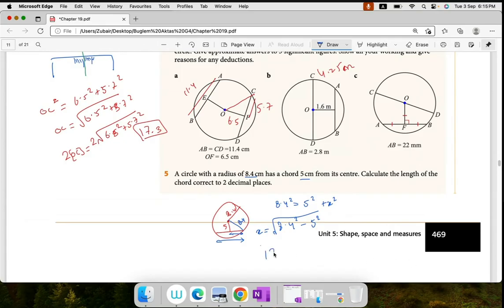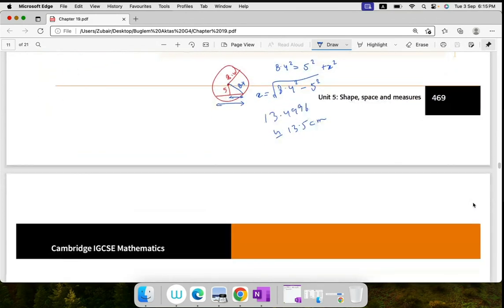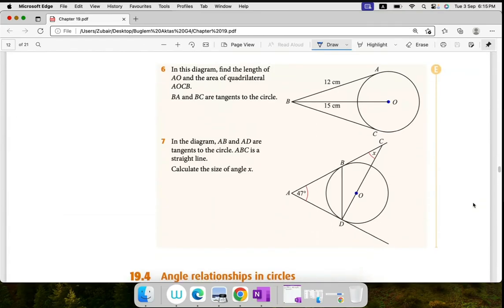Yes. Centimeters. Try question number 6.